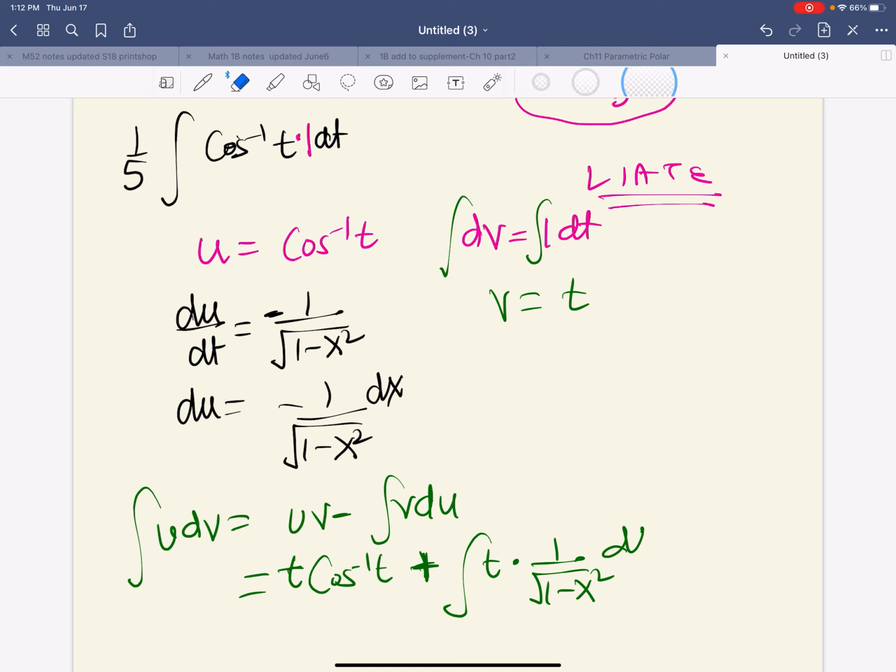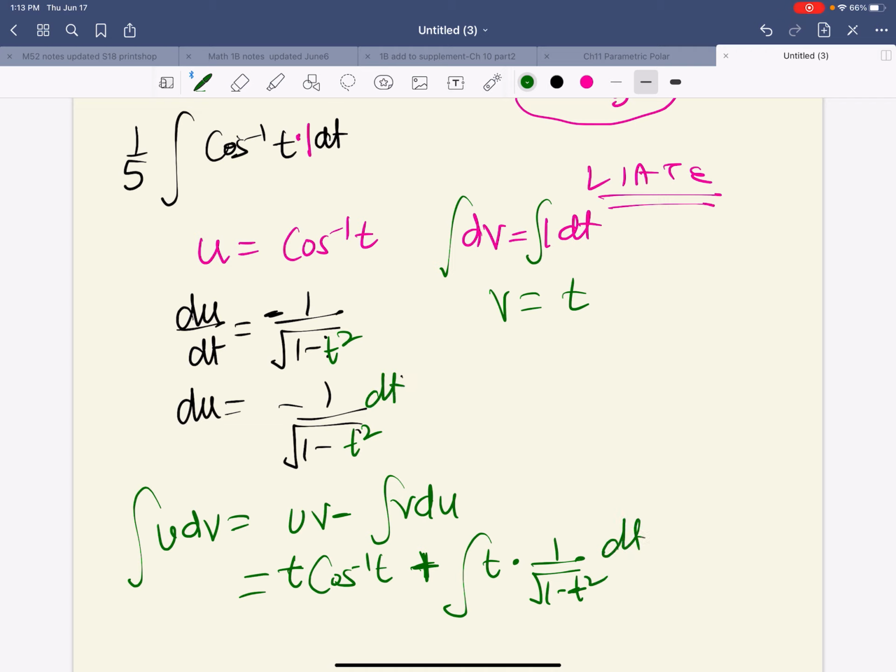Apologize, my bad here. This was cos inverse t, not x, so this has to be t squared dt. So that is going to change. Okay, please change that. This is going to be 1 minus t squared, because we had cos inverse t, a function of t, not x. So 1 minus t squared dt.